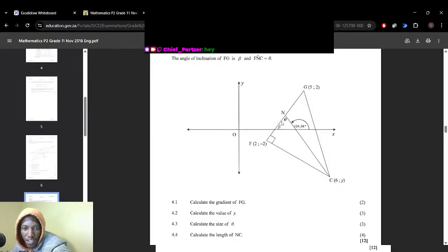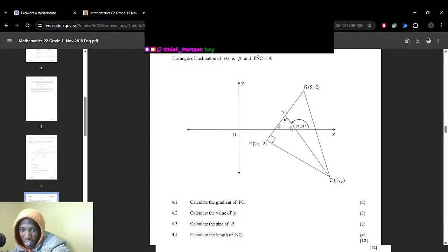So we can calculate the angle of beta. After calculating this, we can also calculate this angle here: angles on a straight line, 180 degrees is equal to 104.04 plus this.